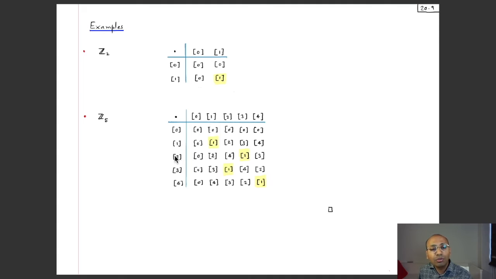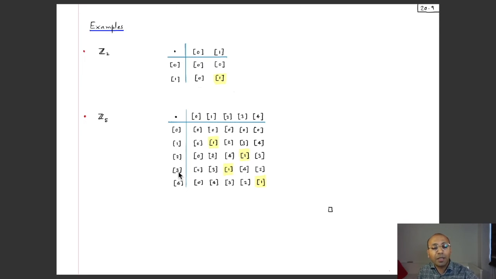Then for 2, we see that the multiplicative inverse is the equivalence class containing 3, because when I multiply these two, I get the equivalence class containing 6, which is the same as the equivalence class containing 1, because 5 divides 6 minus 1. And so 6 is congruent to 1 mod 5, and so the equivalence class containing 6 is actually the equivalence class containing 1, which is the multiplicative identity.